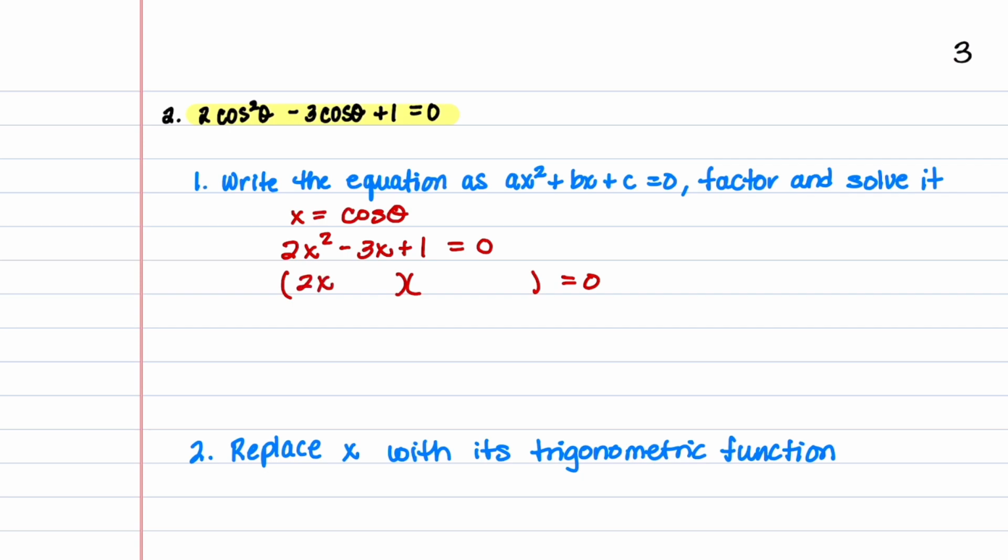So we have a 2x, we have an x, and then we have a 1 and a 1, and we need the 3x to be negative. So these are both negative. This gives us 2x minus 1 is equal to 0, and x minus 1 is equal to 0. So we get x is 1/2, and we get x is 1.